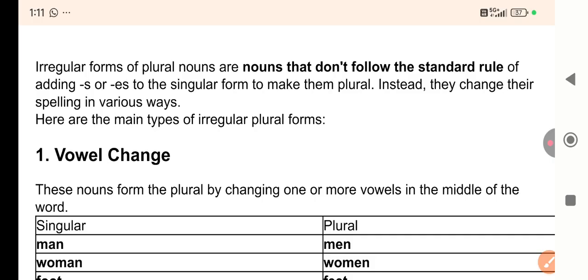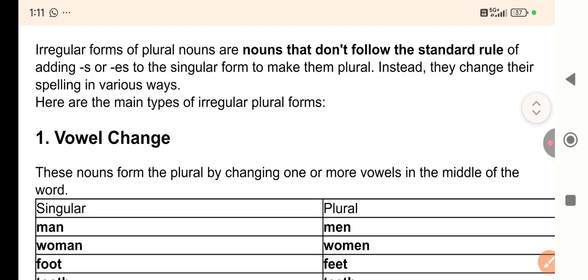So, let us discuss. Irregular forms of plural nouns are nouns that don't follow the standard rule of adding s or es to the singular form to make them plural. We all know that the very common rule for plural nouns is s or es.